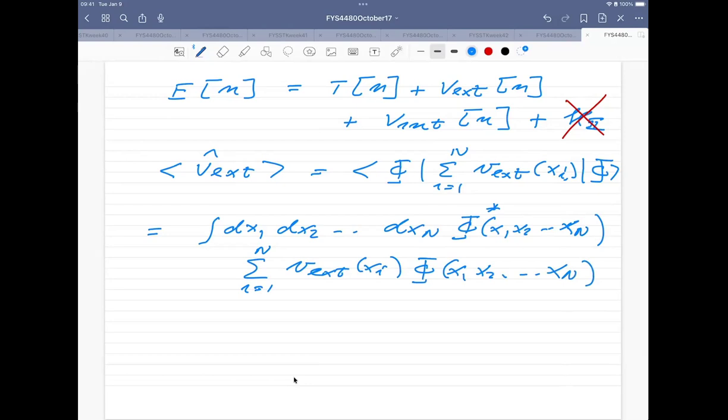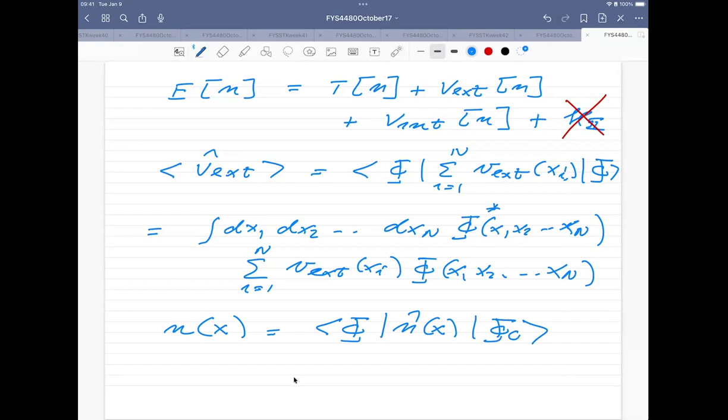So we haven't said anything about whether these are fermions or bosons or whatever. The other thing we are going to assume is that these wave functions are normalized. This phi or psi or whatever we call them are normalized objects. So this object could be a Slater determinant, or it could be the exact solution of the system. Now, the other thing we are going to look at is the expectation value of this quantity here, n of x, which we defined earlier. It is given by phi, this operator n of x, and then phi.